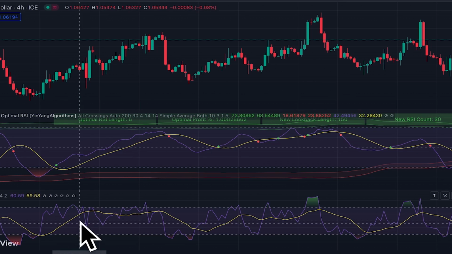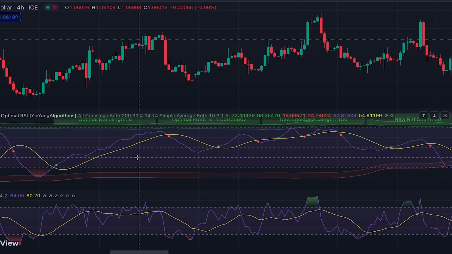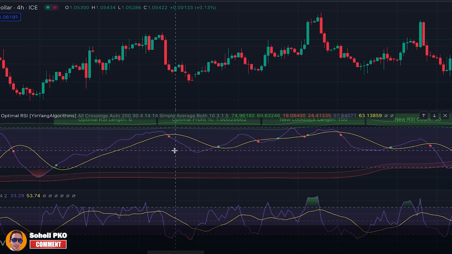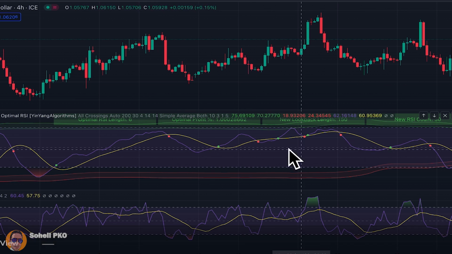Just look at here how many crossings we had, but here nothing. The reason is that this new RSI is not just an RSI with length of 6, but it found out that RSI with length of 6 had the best performance on the crossings of the moving average line, so it used the RSI 6 in a machine learning algorithm to create this smoother and more optimal RSI.